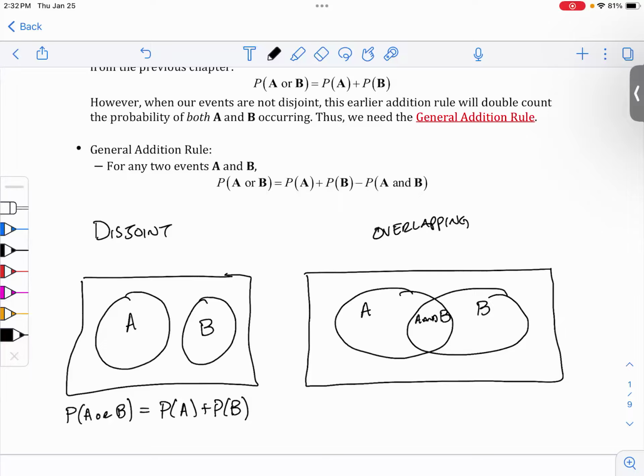When you add the probability of A plus the probability of B, that middle piece got counted twice, which means you have to subtract it out once. And so notice, or still means add. Subtraction is just adding a negative. So it's all still being added. You just have to make sure that you know what you're adding or subtracting.